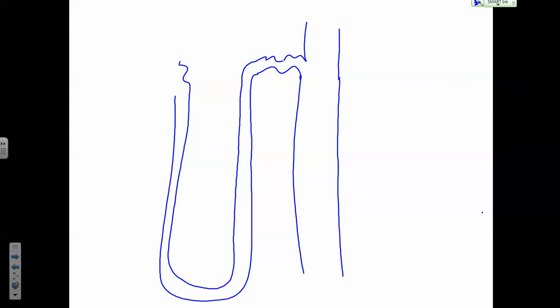And then there's the proximal convoluted tubule. Let's say there's the glomerulus. And then we have afferent arteriole, efferent arteriole. Afferent's bigger, recall that? And then we're going to have a Bowman's capsule around it.